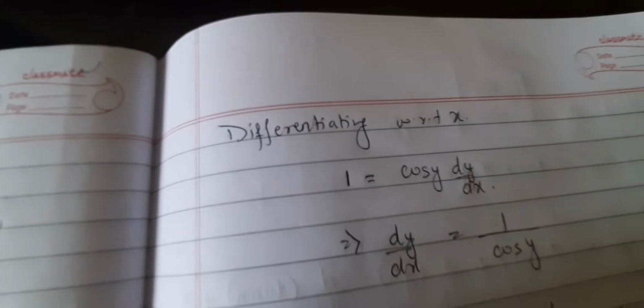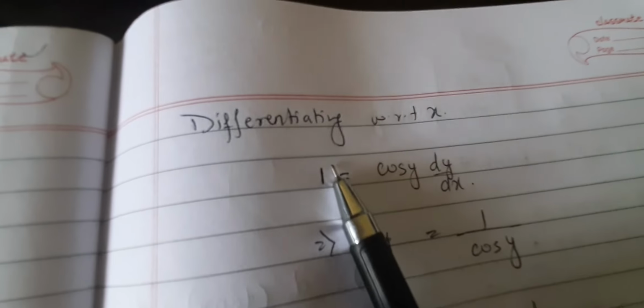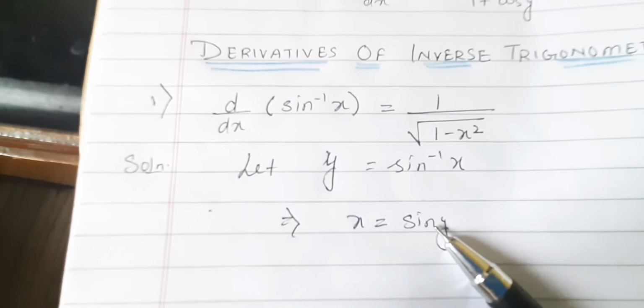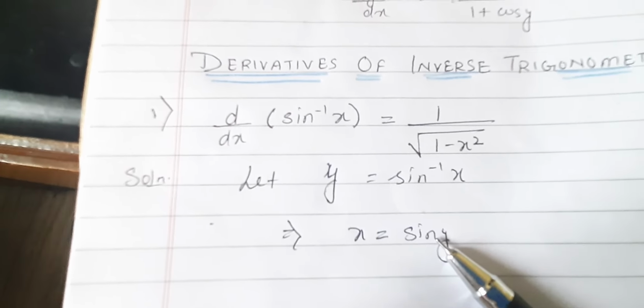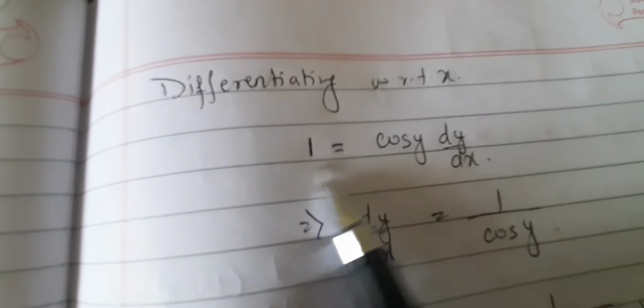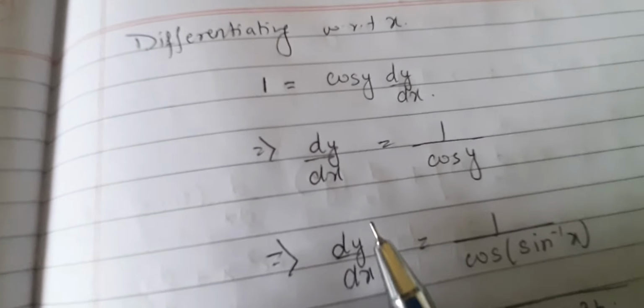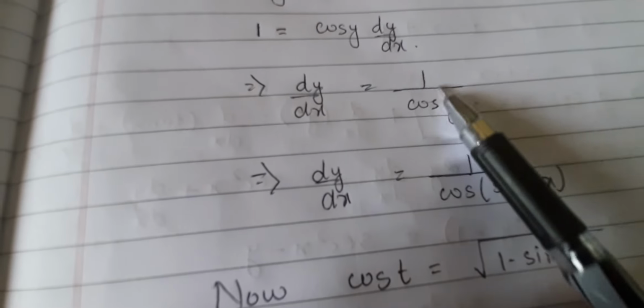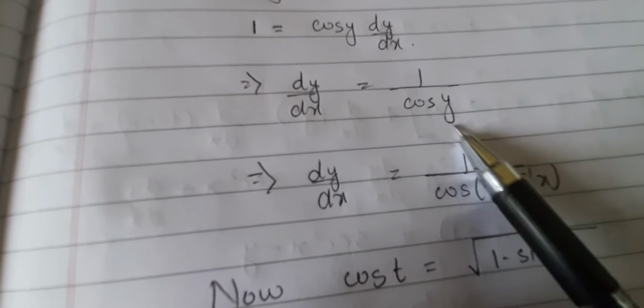Now differentiating with respect to x, derivative of x with respect to x is 1, and derivative of sine y with respect to x is cos y first, and then dy by dx. So 1 is equal to cos y dy by dx, and then dy by dx is 1 upon cos y. Y was sine inverse x, we have assumed y to be sine inverse x.